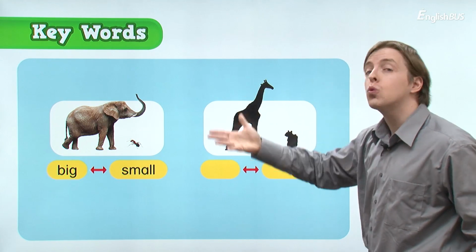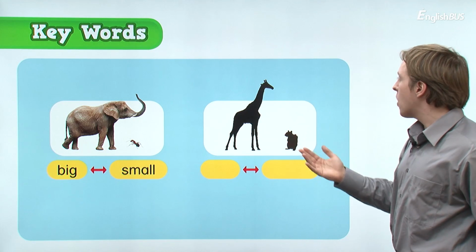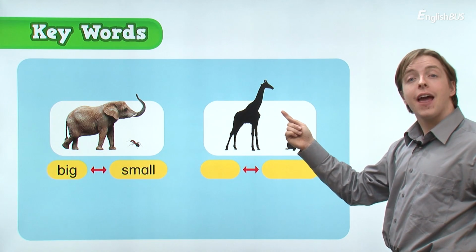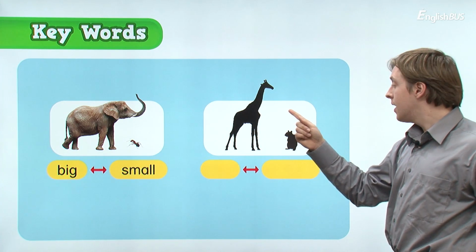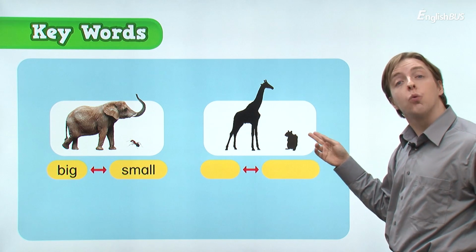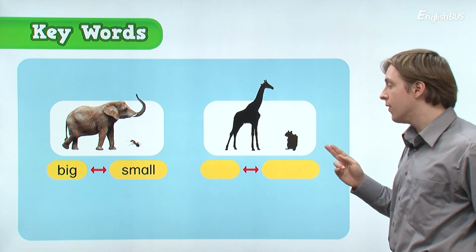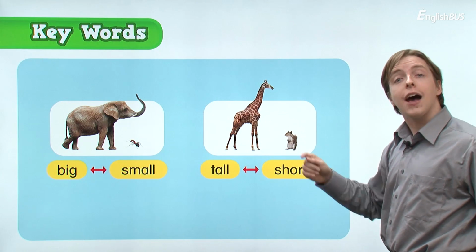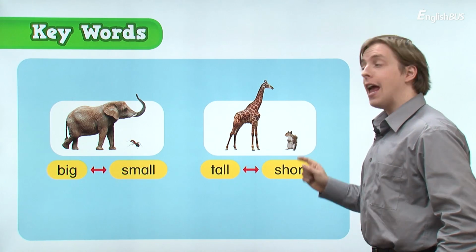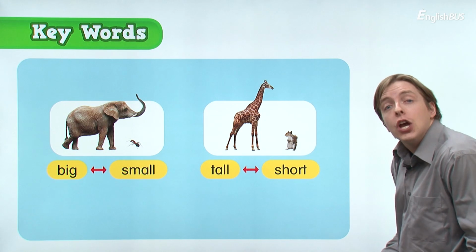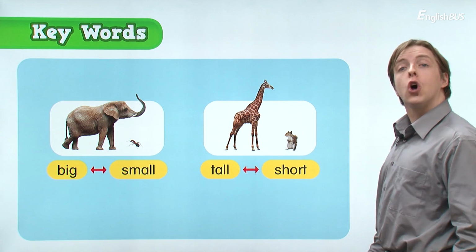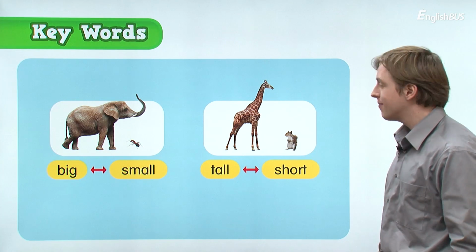So we are describing them. What about over here? So here we have a giraffe and over here a squirrel. So how are these animals different? Well, a giraffe is very tall and a squirrel is very short. Tall, short.